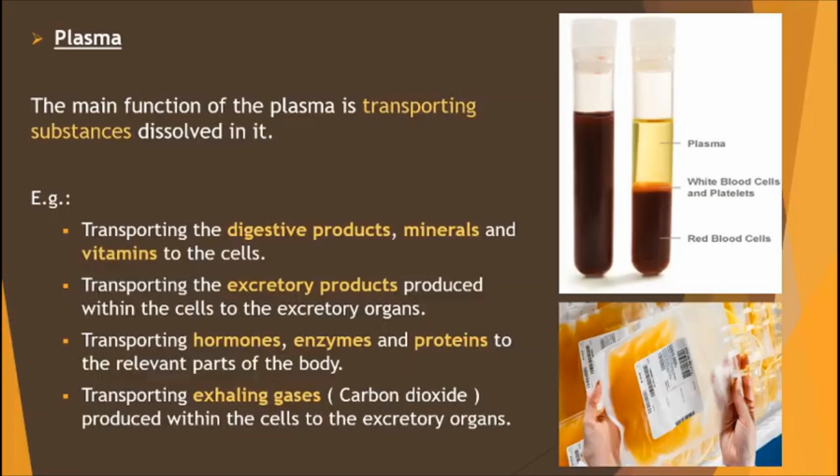Blood plasma. The main function of plasma is transporting substances which are dissolved in it. For example, transporting digestive products, minerals and vitamins into the cells. Transporting excretory products from the cells to the excretory organs.